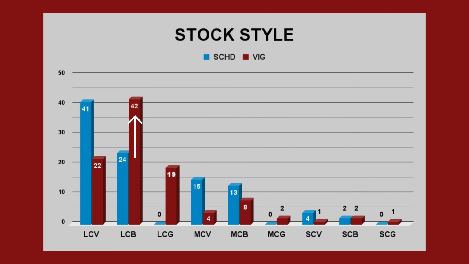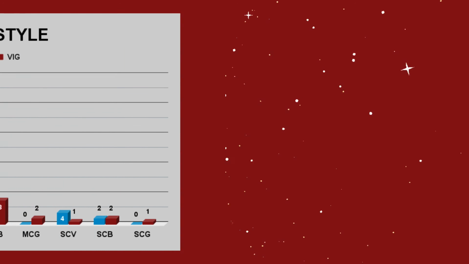VIG takes a more balanced approach with large-cap blend stocks at 42%, targeting a mix of value and growth, and it also holds large-cap growth stocks at 19%, favoring companies with strong earning potential. These differences show SCHD's value focus, while VIG blends growth and stability, which is appealing to different investor profiles.